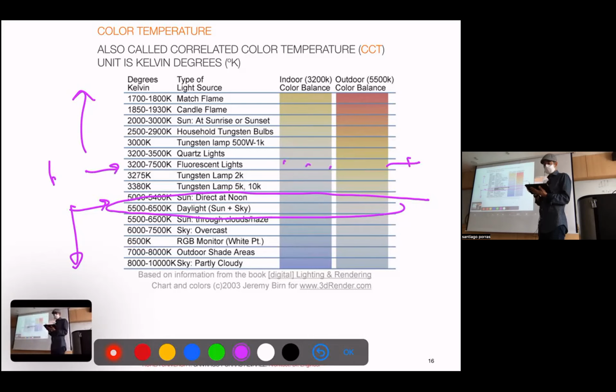So the fluorescent light is still on the middle area, but see how the quartz lights, right? And tungsten is the incandescent light, have always a shift towards the red. So you will have like probably 3000 K for a warm, lovely interior, but you will try to go to 4, 5, 6,000 to mimic daylight.